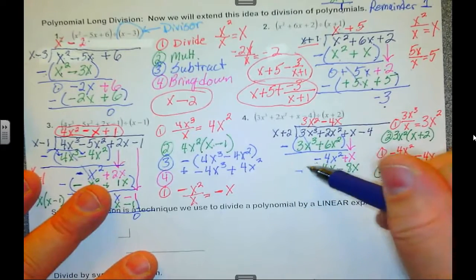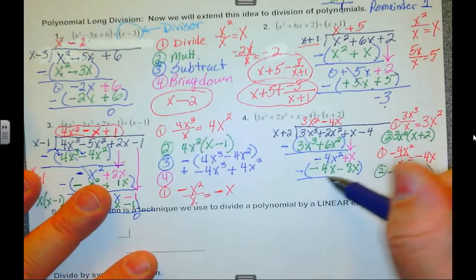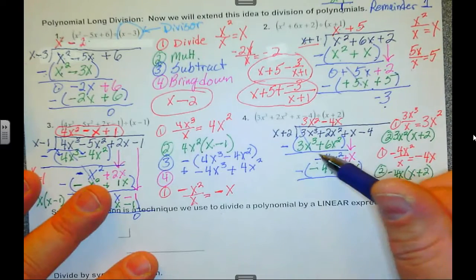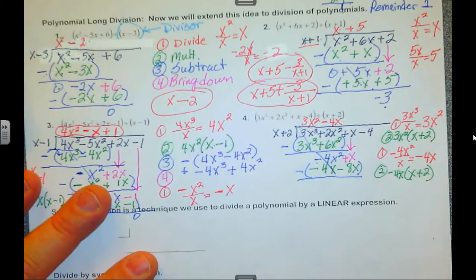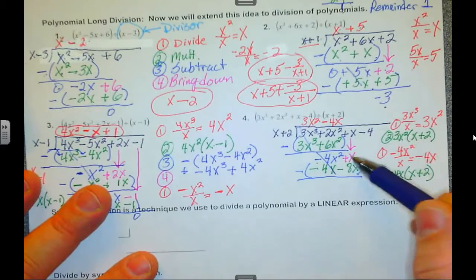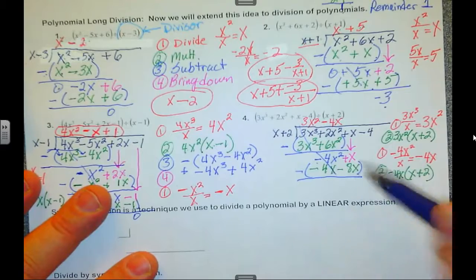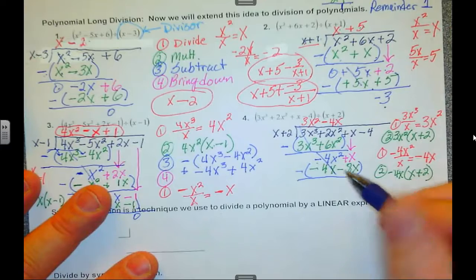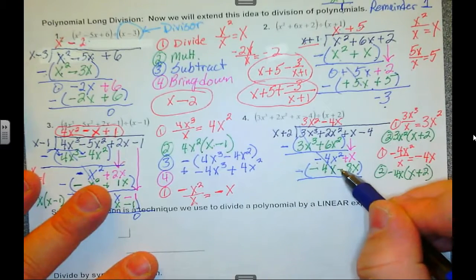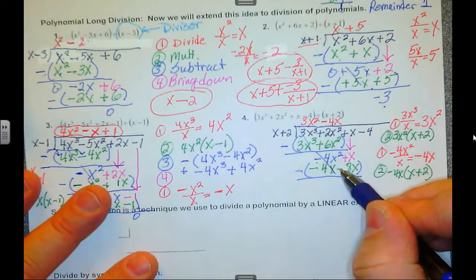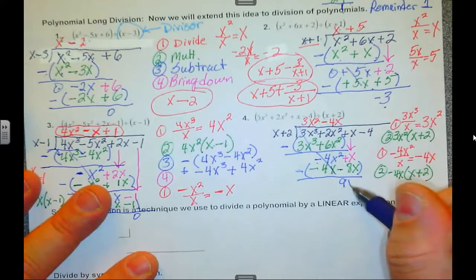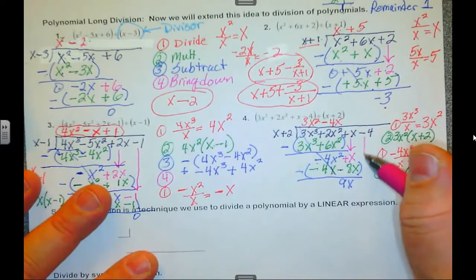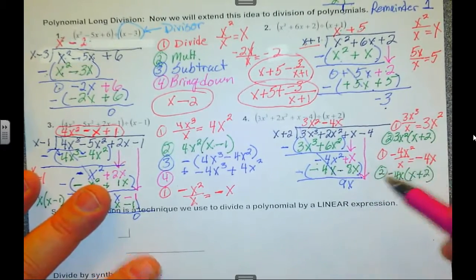Step 3, subtract. Means you're concentrating. Okay, those cancel out, right? Positive 1x minus a negative 8x. 9x, right? These negative, negative, it's a plus. Okay, bring down the next one and start over again.